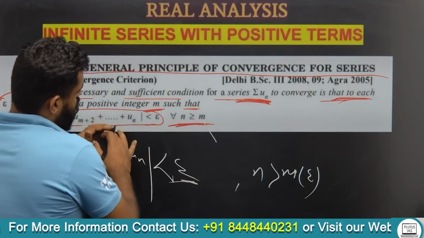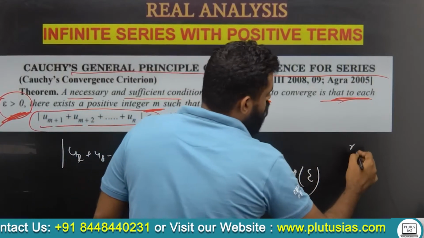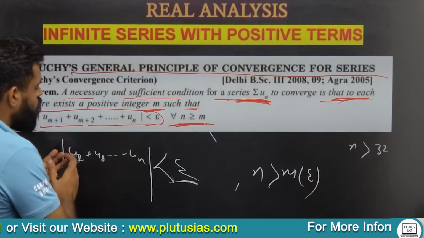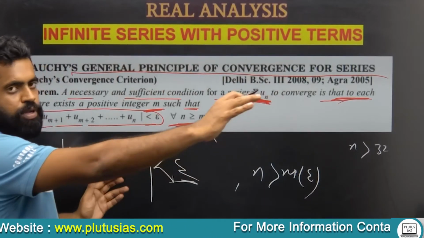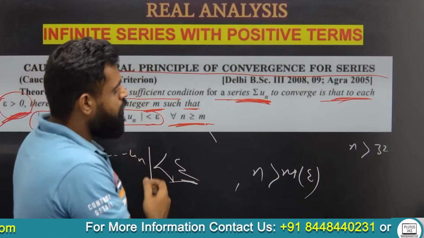If you have taken epsilon equal to 6, you may get the value of m to be 32. Then after 32, 33, 34, 35, all the terms would always be less than that epsilon.